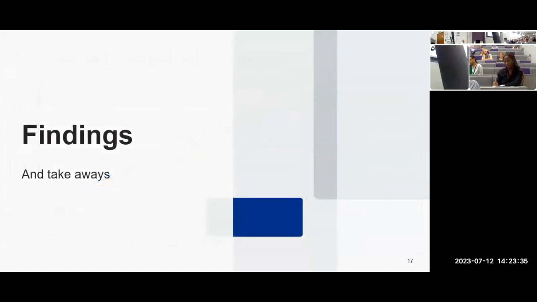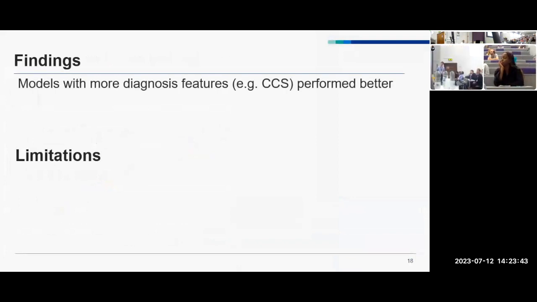What are the findings here and the takeaways? I would say that models with more diagnostic features performed better, and they're better able to predict deaths on an unseen data set.